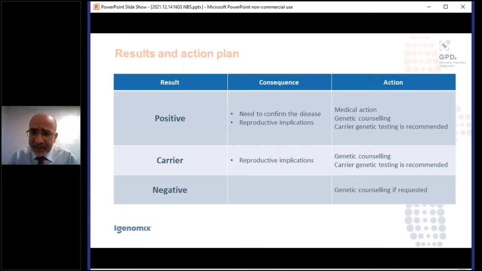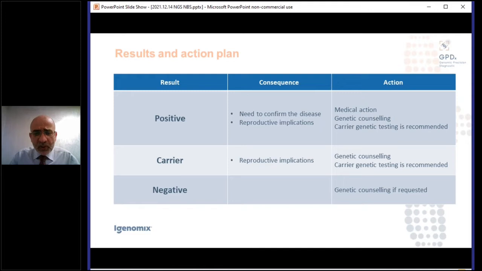If we have positive results, the positive results will require confirmation. And of course, these patients will be referred to medical doctors who will take the necessary action. Some of them will need intervention and treatment. And of course, we will be able to provide them with genetic counseling. It is always recommended to do carrier genetic testing for the parents. Identifying a recessive condition in the child has important implications for the future, because now we can prevent the recurrence of this condition in future pregnancies using in vitro fertilization and pre-implantation genetic testing.